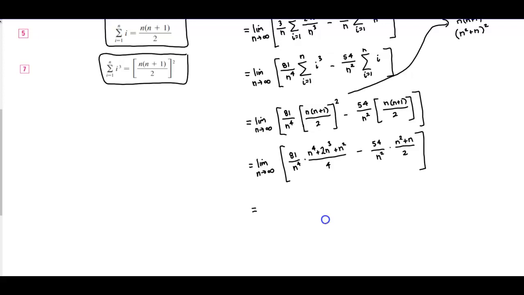Okay, so now let's just reorganize our numbers. We have the limit as n approaches infinity of 81 over 4 times n to the fourth plus 2n cubed plus n squared over n to the fourth, minus 54 over 2 times n squared plus n over n squared.